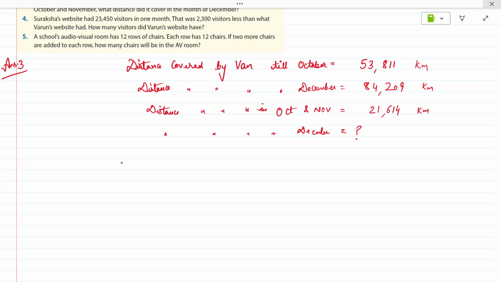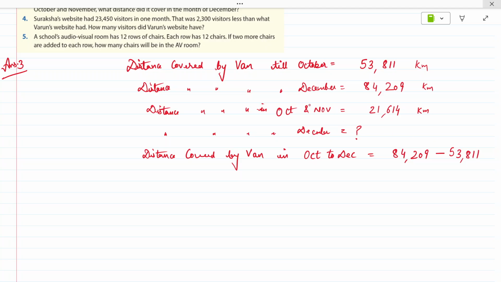Okay, so I'm writing here, the distance covered by van in October to December, that is in 3 months, is 84,209 minus 53,811.